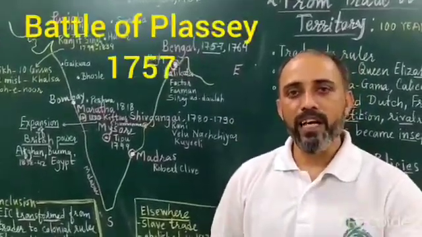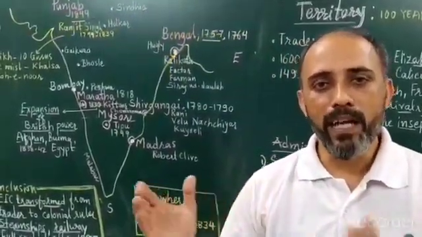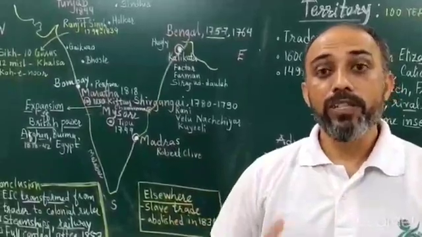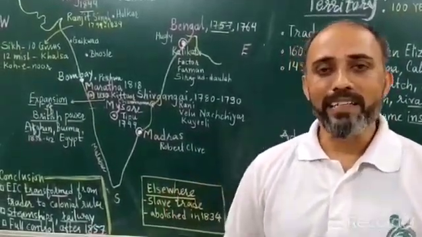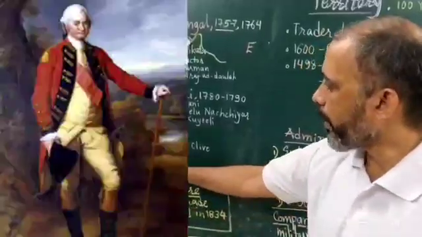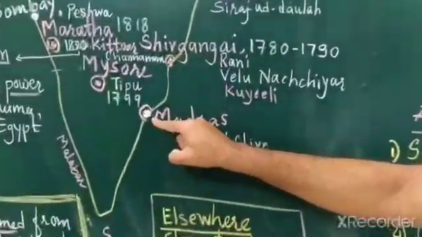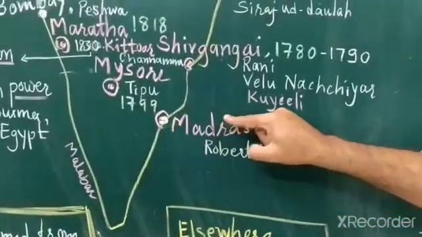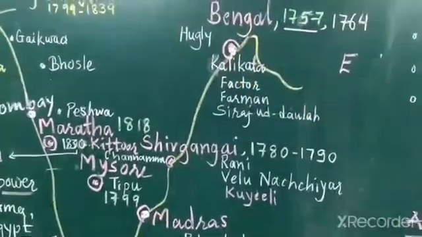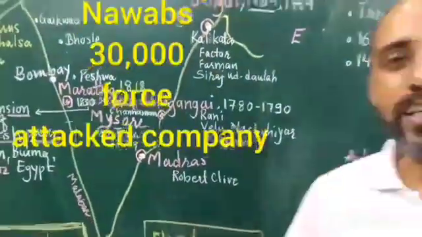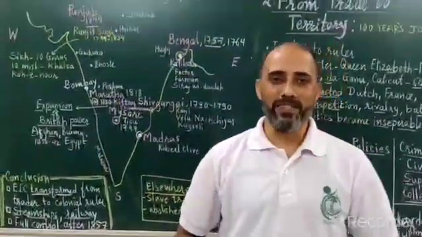He realized that Siraj-ud-Dawla was attacking the company at Calcutta with a 30,000 strong army, while Robert Clive was at Madras Presidency. From Madras, he took his naval fleet and came by sea through the Bay of Bengal as far as Plassey, and the Battle of Plassey broke out in the year 1757.